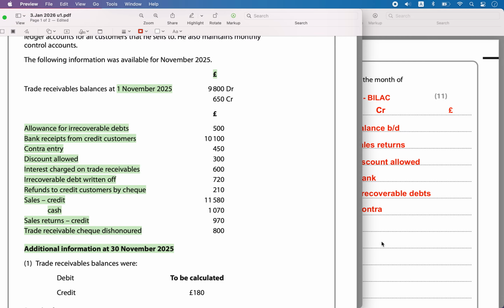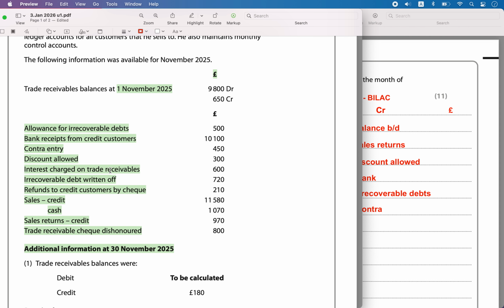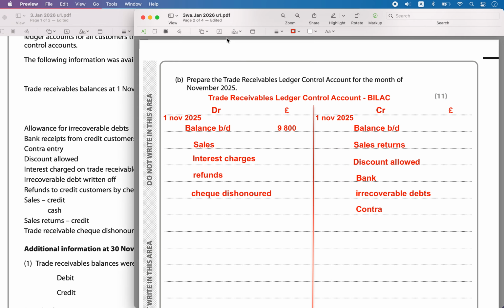This is as on 1st November 2025. The beginning balances as on 1st November 2025 we are starting, and the books will be closed on 30th November. So this will be a month-on-month preparation. The balance BD was 9,800 on the debit side and 650 on the credit side.